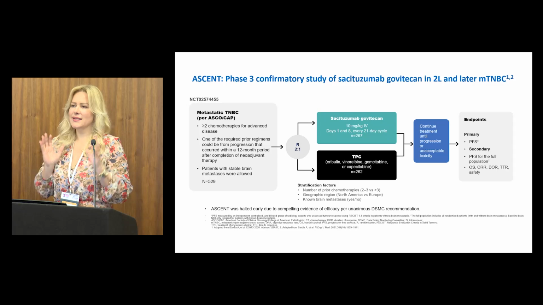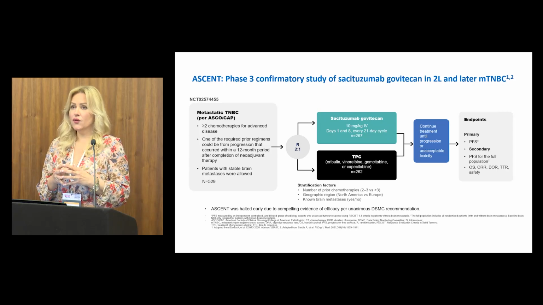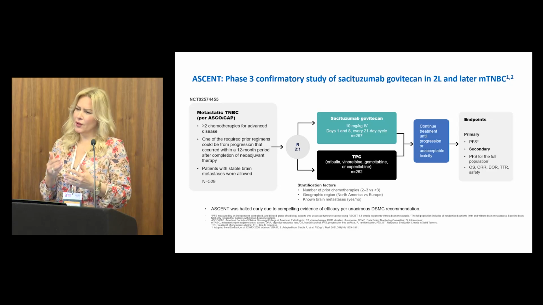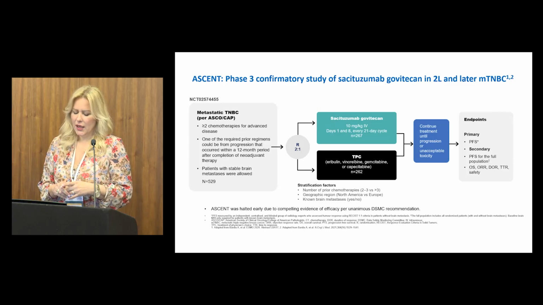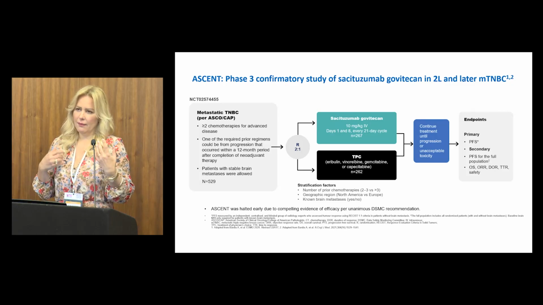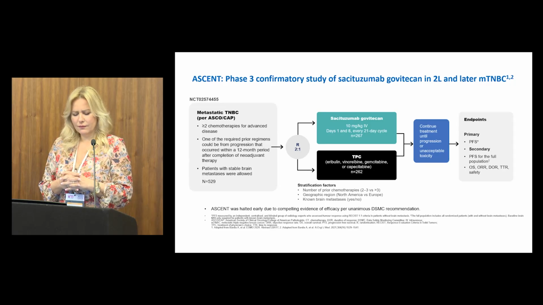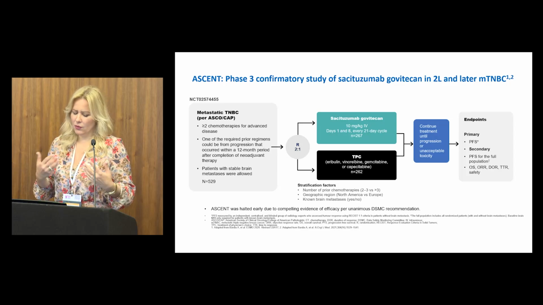Trodelvy, which is the standard of care now, and a lot of patients, if not all, with triple-negative breast cancer will have the chance to have it because it's used very early in the treatment pathway, is a drug that had perhaps the most promising data for many, many years after not seeing anything really happening, which was impressive.